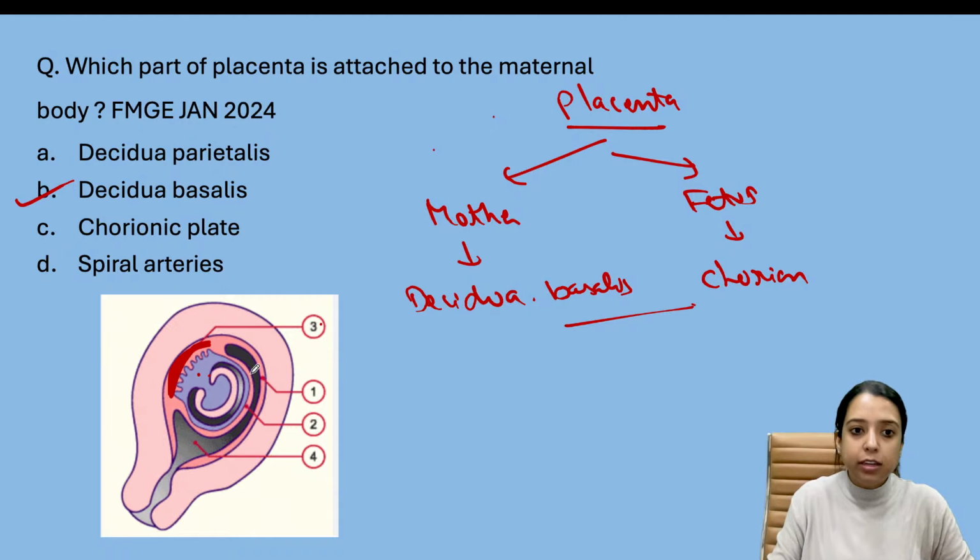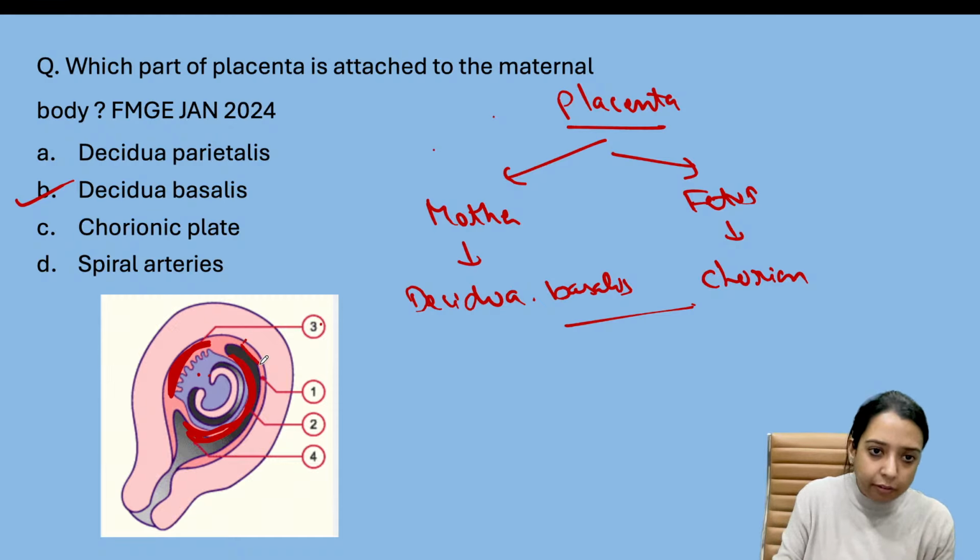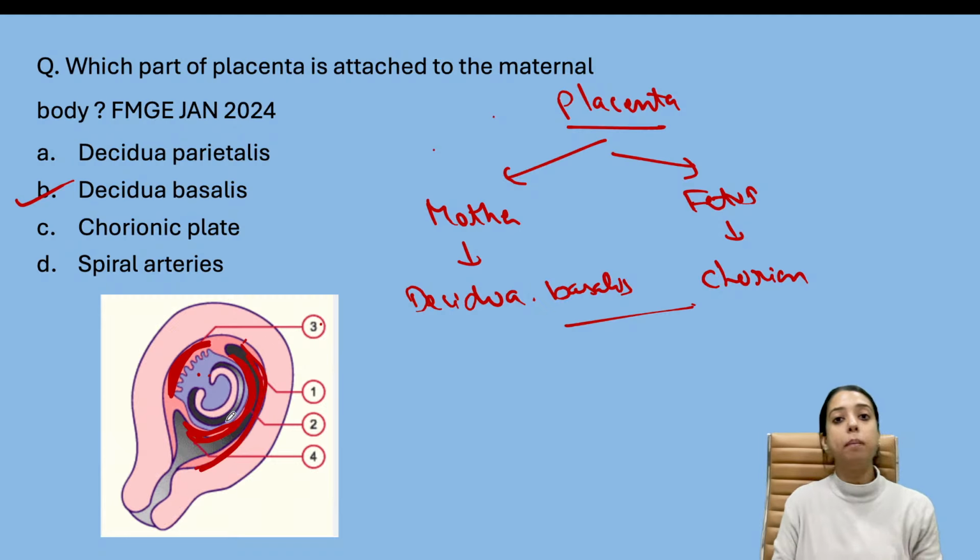What about other decidua? Can you see this decidua, which I am circling, number 2? It is covering the baby like a capsule. Decidua capsularis, covering the baby like a capsule. Is it forming placenta? No. The one standing like a wall is decidua parietalis.